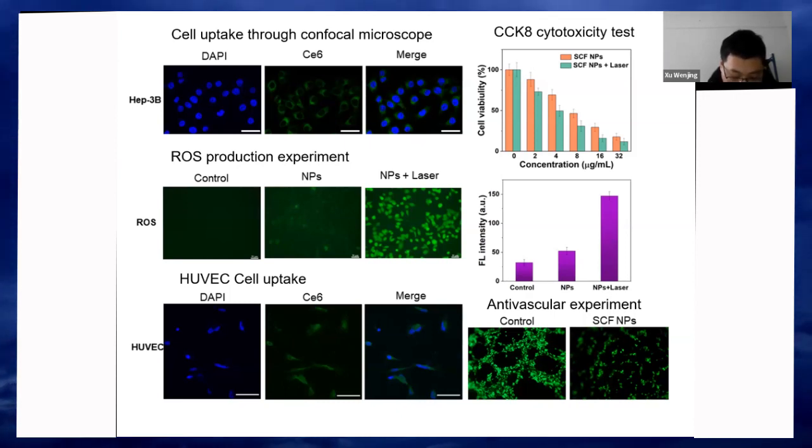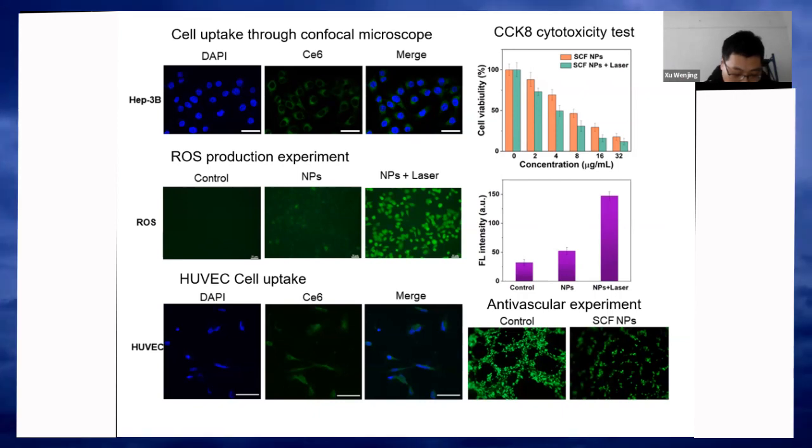The green fluorescence of CLU could be found in the cytoplasm of hepatocellular carcinoma cells by confocal fluorescence microscope, indicating nanoparticles can be smoothly endocytosed by tumor cells.